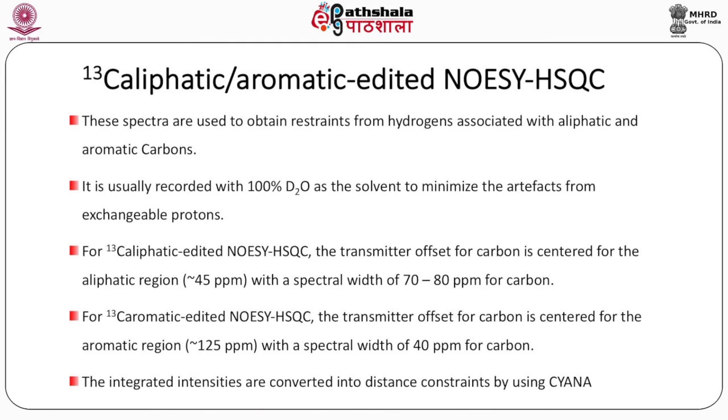For C13 aromatic edited NOESY HSQC, the transmitter offset for carbon is centered for the aromatic region at 125 ppm, and it has a shorter spectral width of 40 ppm for carbon. The integrated intensities are converted into distance constraints by using various modules of CYANA.